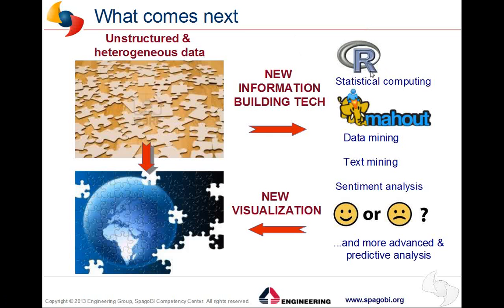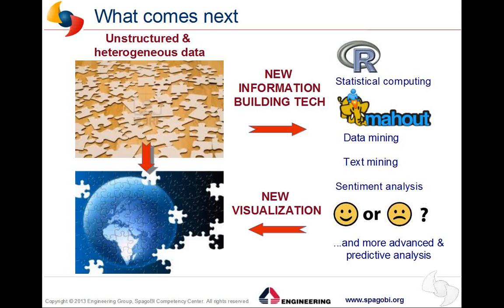So we need to integrate statistical computing, then data mining, maybe with Mahout, text mining, or statistical computing with R, then sentiment analysis, and more advanced predictive analytics. We also want to create new kinds of visualizations.